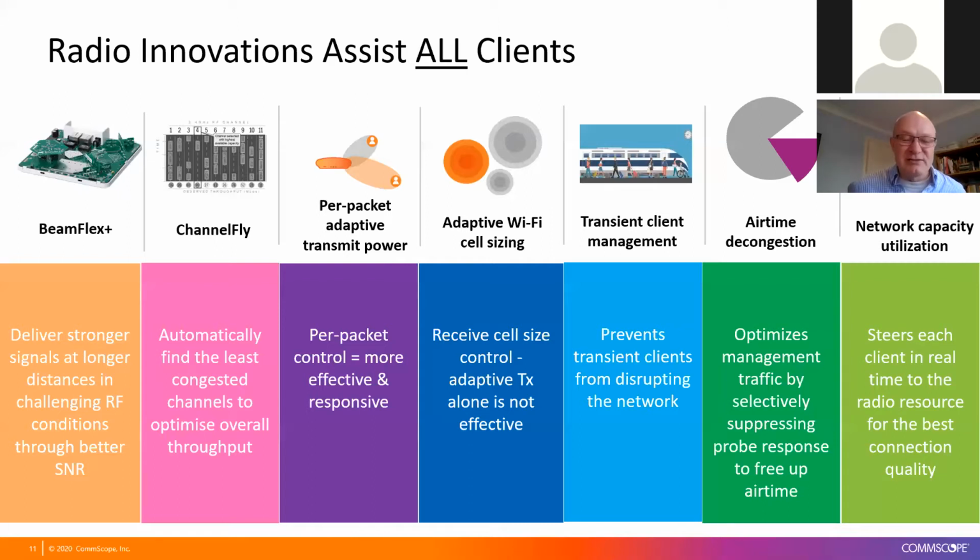What does that actually mean to the customers? What that means is there's focused signal, there's better signal at the edge of the cell coverage. So the better signal than competitors at the edge of cell coverage.